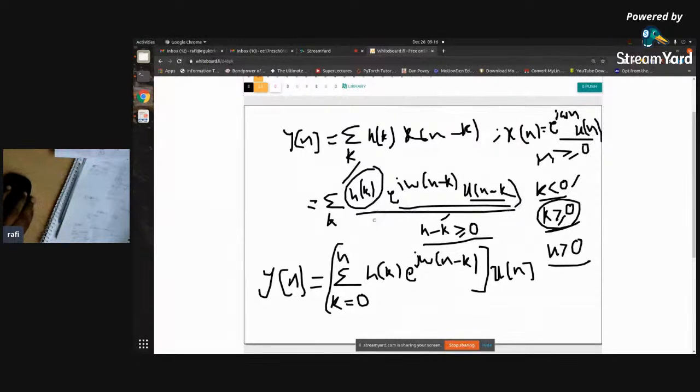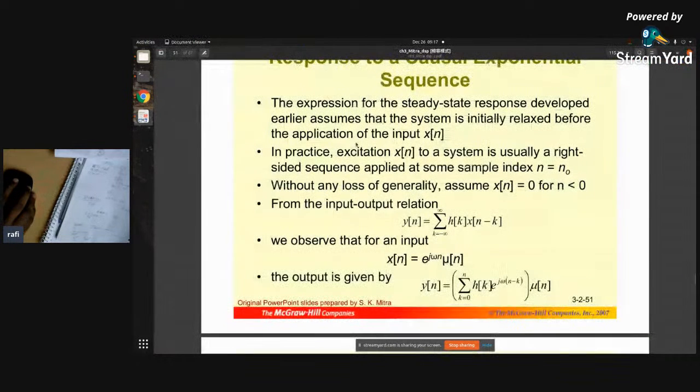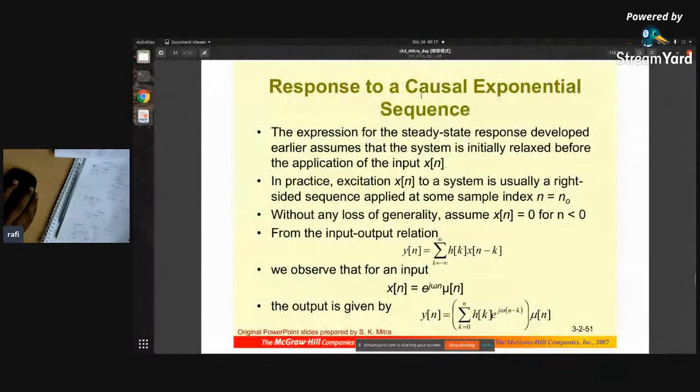For such cases, the output will also always be causal, meaning the output has only indices n greater than or equal to 0. For n less than 0, u of n is 0, so the output will be 0. The response of a causal exponential sequence is also causal.